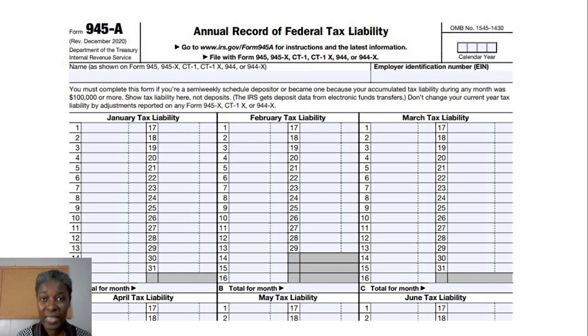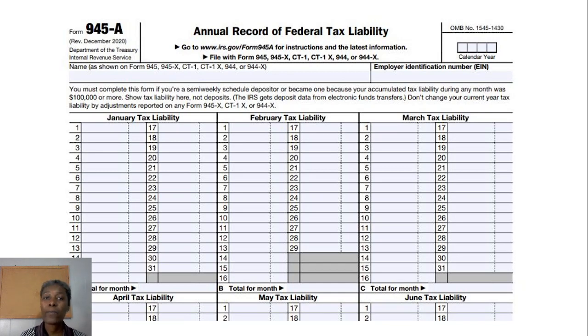tax liability by day, because you file Form 945-A and attach it to Form 944. Form 945-A is the annual record of tax liability. That means you are going to show your tax liability by day for the whole year and attach it to your Form 944.